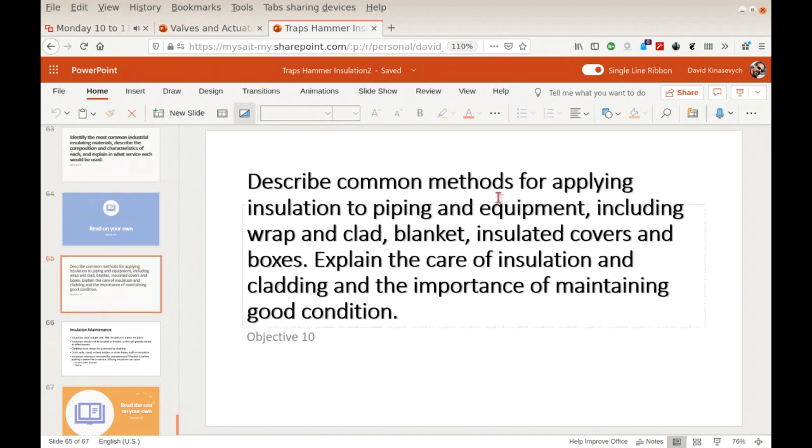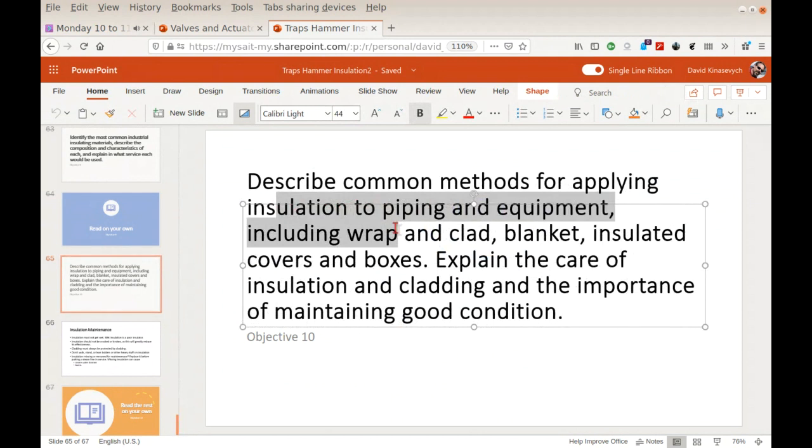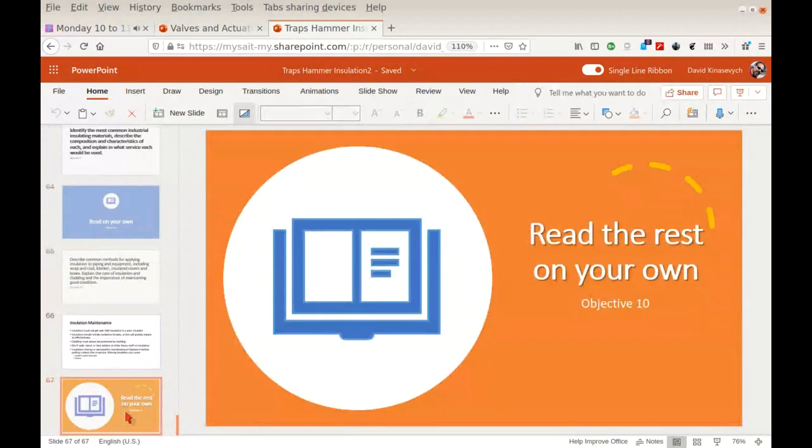And then under Objective 10, there's methods of applying insulation to piping and equipment, wrap and clad, blah, blah, blah. So again, read it on your own. And that's all I have for you for today.